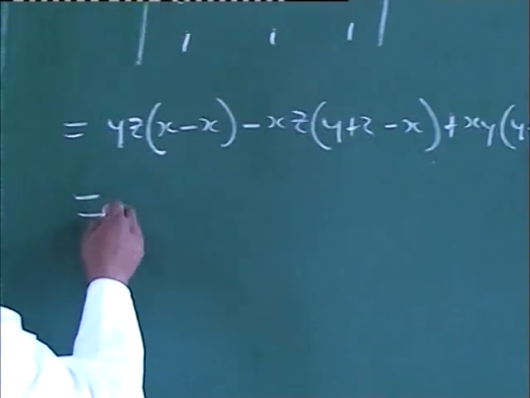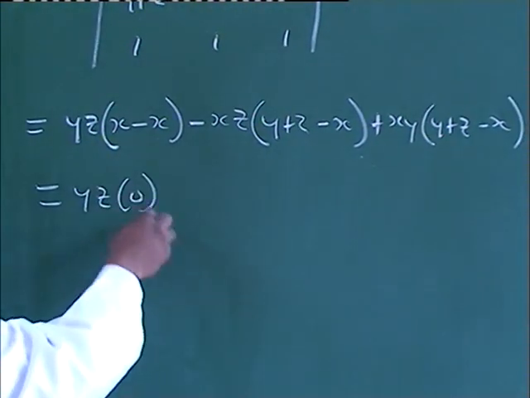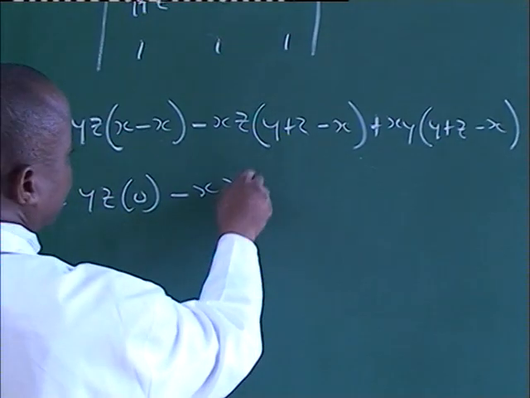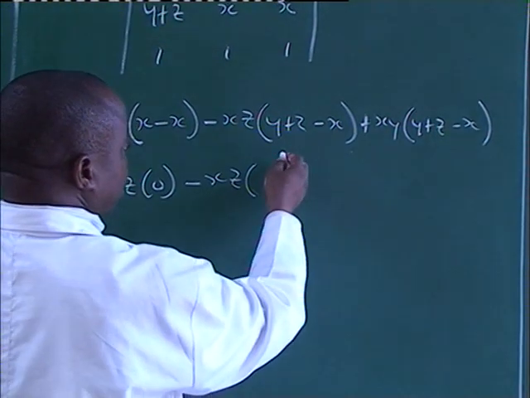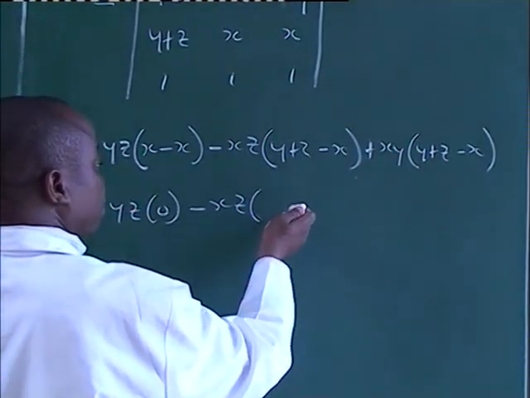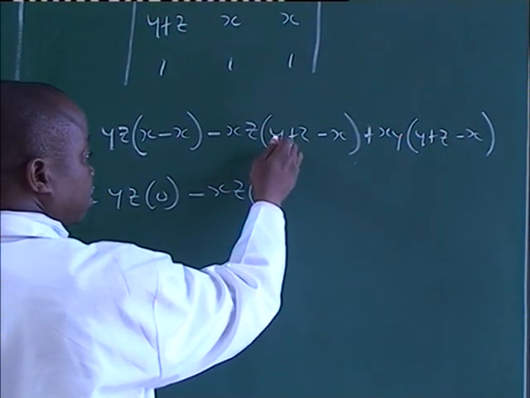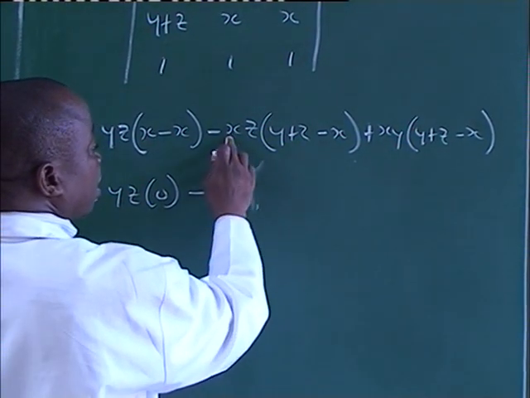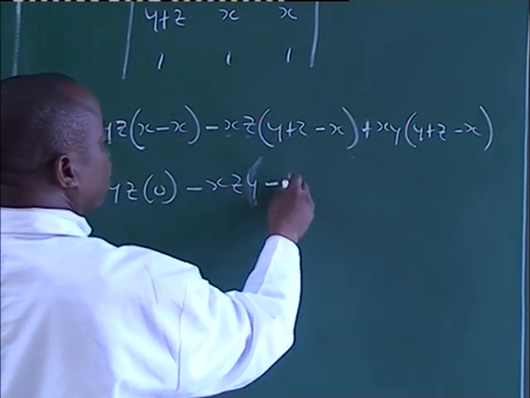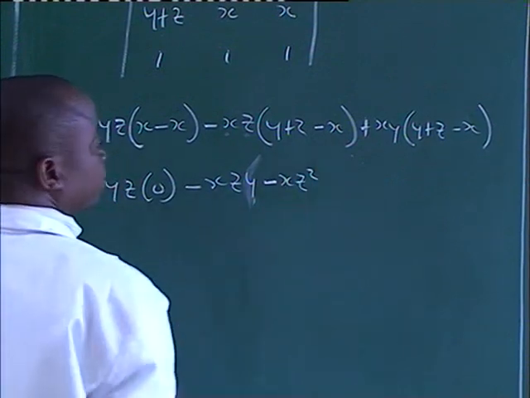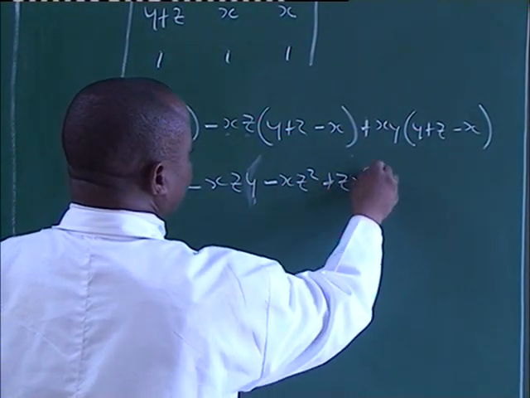And so we see that this will be the same as yz times 0, because x minus x is 0, minus xz times, okay, now let's multiply this at once. If you use this two times here, you will have minus xzy minus xz square, and then this time this will give us plus zx square.